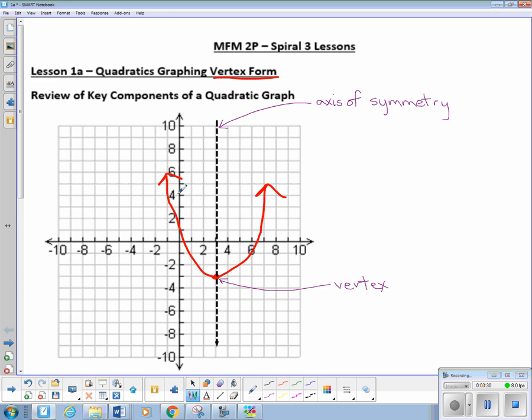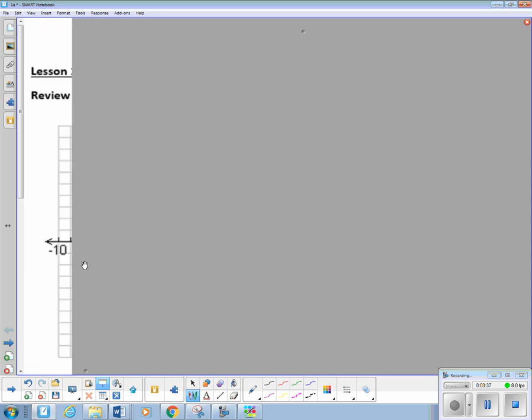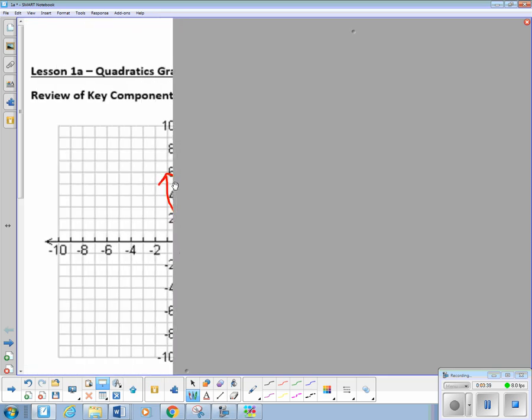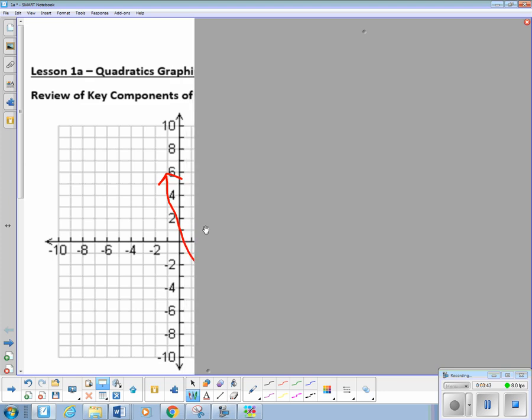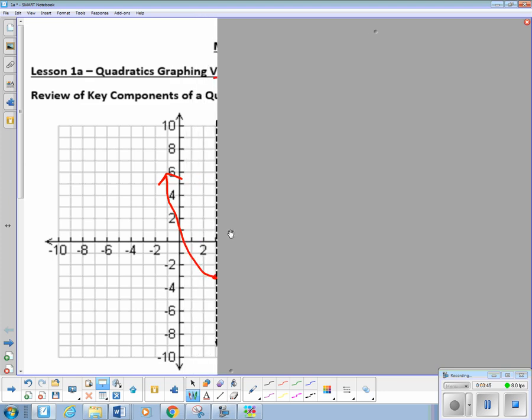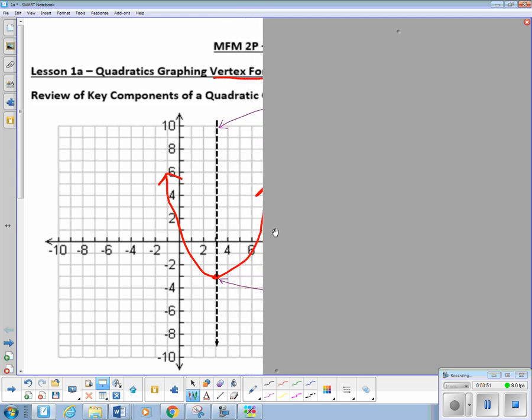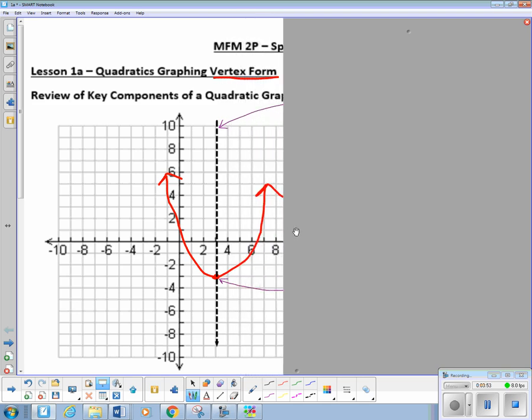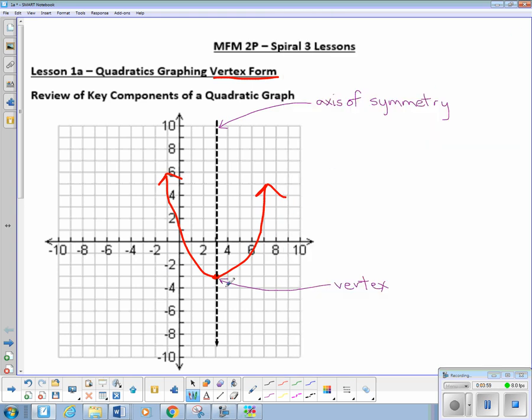So when we have a quadratic that opens up, when I go across, now we're seeing the red graph starting, and you can see that it goes down and down until I get to the vertex point. And now when I remove this, you can see that it goes up. So the vertex is the location where the quadratic changes directions.